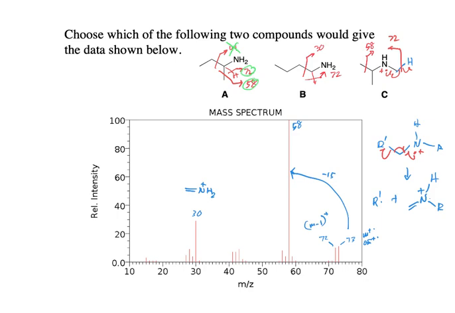If we look at B, we have 30, and we have 72, but no 58. And for C, we have 72, and we have a big 58, which makes sense, but we don't see, at least from these cleavages, a 30. Okay?